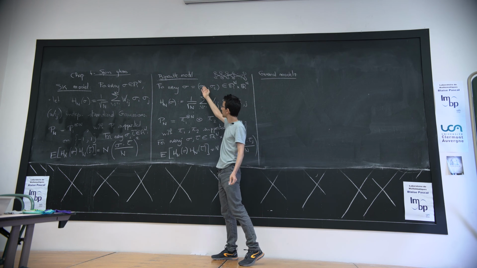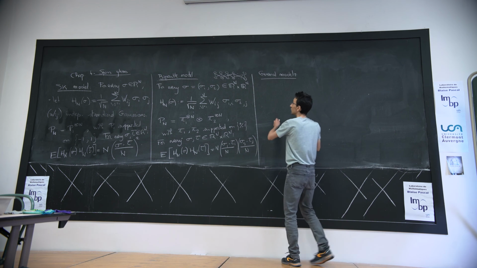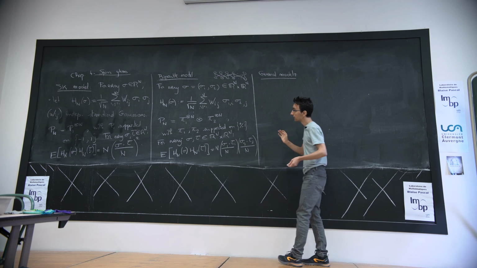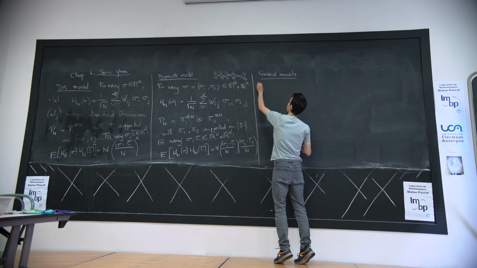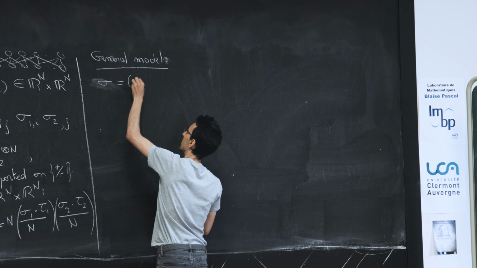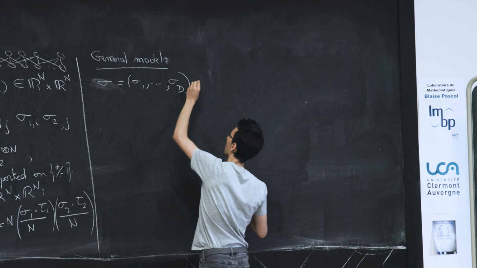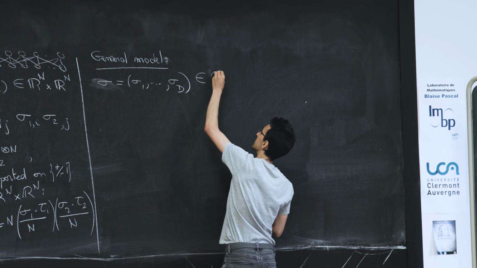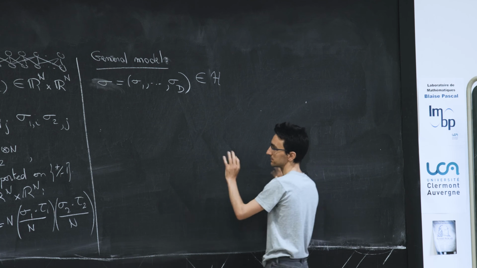Well, maybe instead of two sorts of spins, we could allow a finite number of them, not just two. So let's say we would fix a number. I think I'm going to call it capital D. So let's say sigma now is going to be sigma 1 up to sigma D. And if I want to be a bit fancy, I can let them be in somewhat arbitrary Hilbert spaces, but think of it as being Rn.